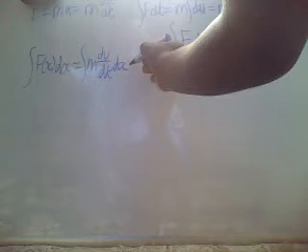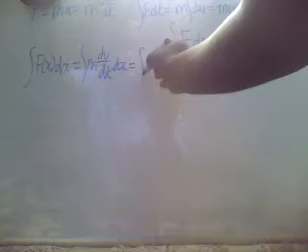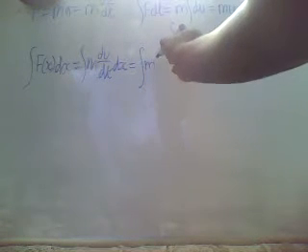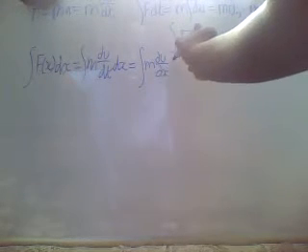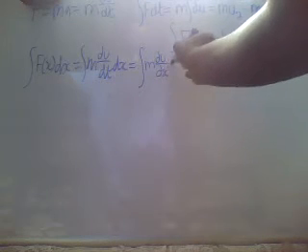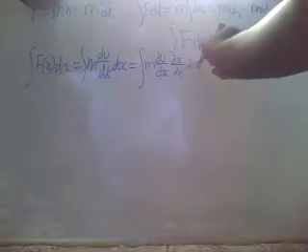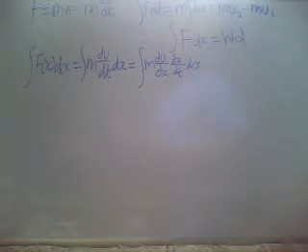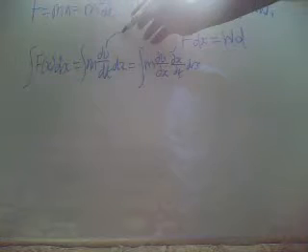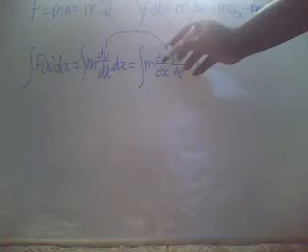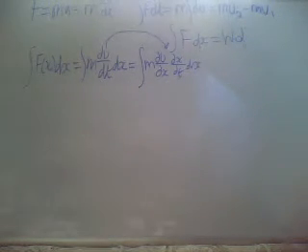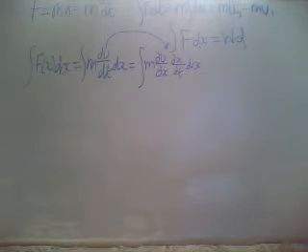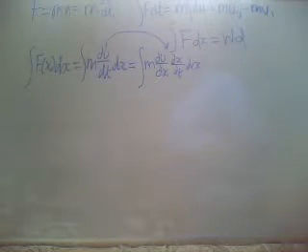Now we're going to use the chain rule: du dx times dx dt, dx. Now, we know this du dt is equal to this du dx dx dt. It's called the chain rule. If you don't know about it, you need to learn about it. But if you're not interested in learning about it, just take my word for it.